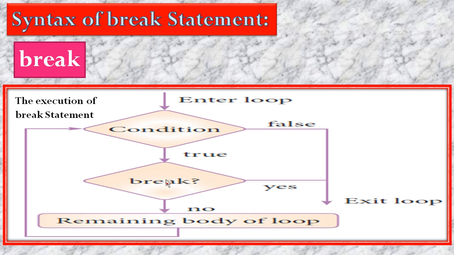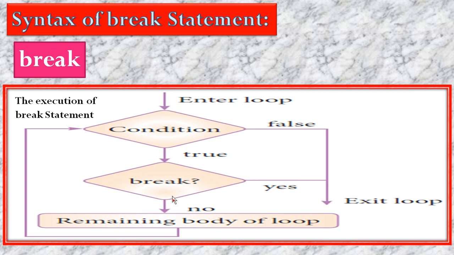If it is true, it comes towards the break statement. The break statement is written within the if structure. If the condition is true here, the break statement is executed. When the break statement is executed, the control transfers outside the loop.